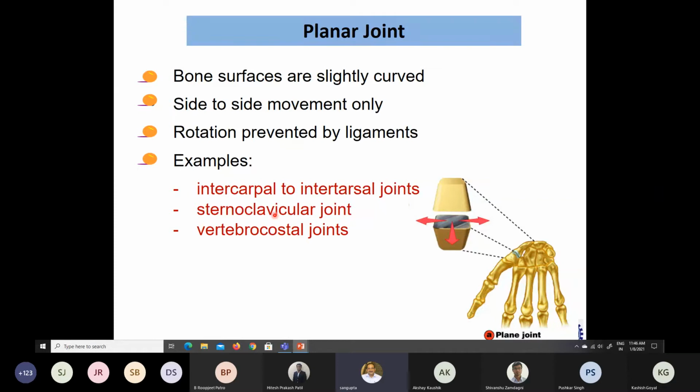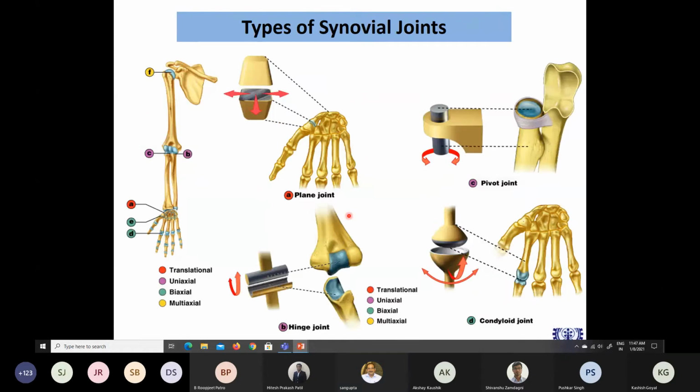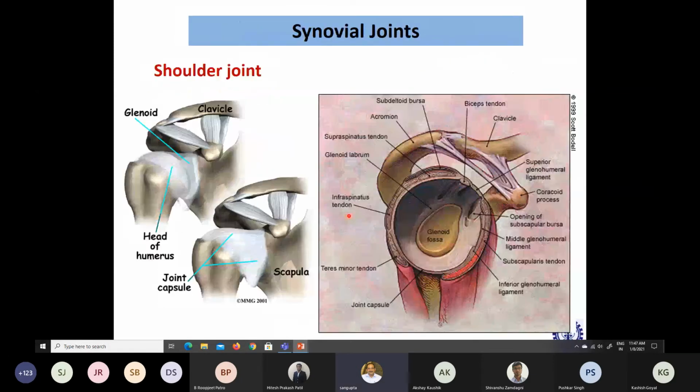You can see the sternoclavicular joint. If I go back a bit and look into the scapula, you can see the clavicle forms a joint with the acromion on one side, but the other side of the clavicle forms a joint with the sternum. The other end of the clavicle, the collarbone.